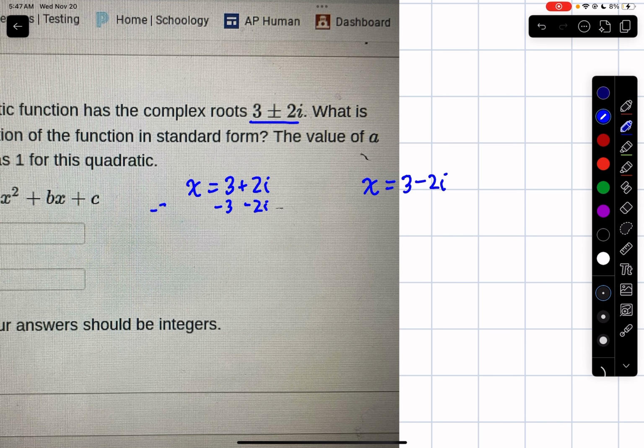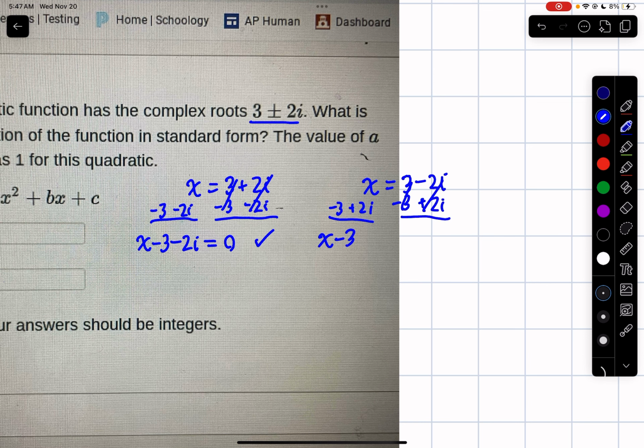So I've got to subtract 3 and subtract 2i from both sides. So I've got x minus 3 minus 2i, and order doesn't matter there, equals 0. Okay, good to go. And then here I'm subtracting 3 and then adding 2i, minus 3 plus 2i. So I've got x minus 3 plus 2i equals 0.